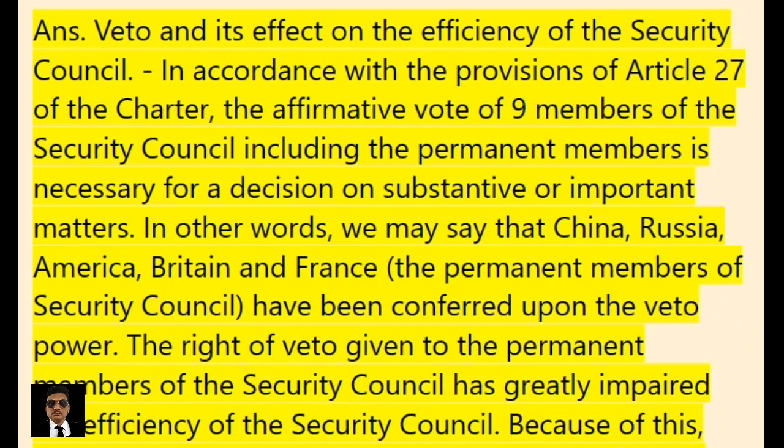In other words, we may say that China, Russia, America, Britain and France, the permanent members of Security Council, have been conferred upon the veto power. The right of veto given to the permanent members of the Security Council has greatly impaired the efficiency of the Security Council. Because of this, the Security Council has become a weak organ of the United Nations and has not been able to perform functions entrusted to it under the Charter.